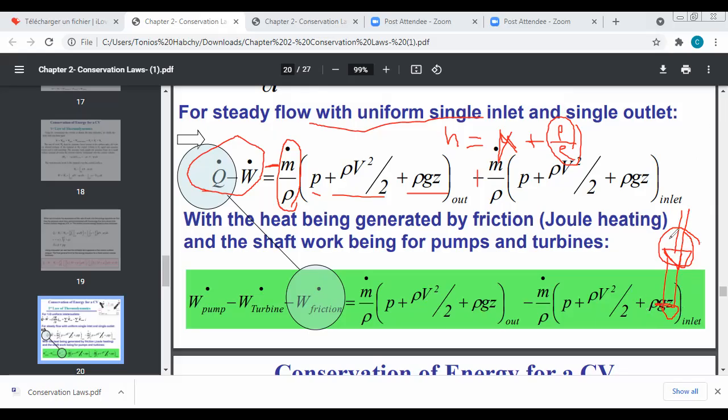You have fluxes of heat that are crossing your system. So the change of energy within your system will be equal to the balance of fluxes of energy coming in and going out.